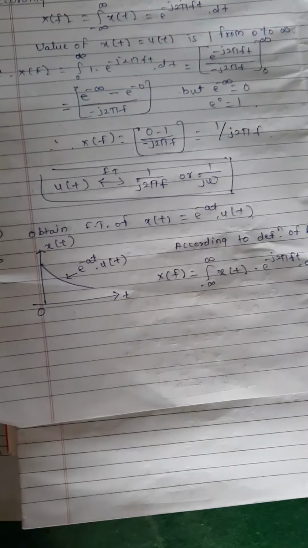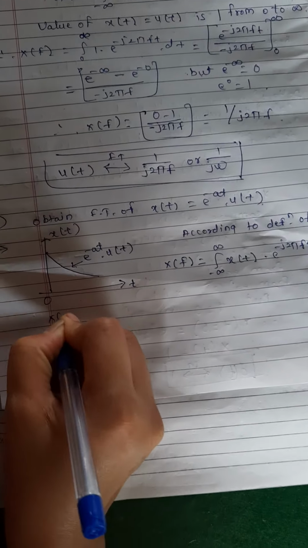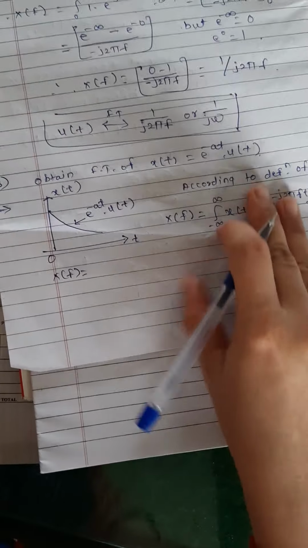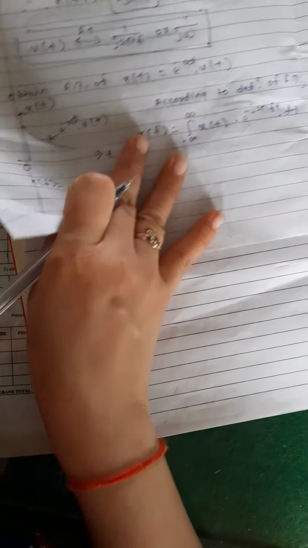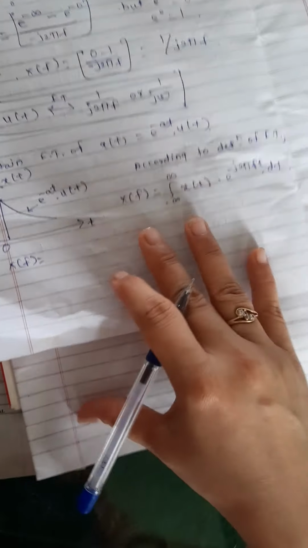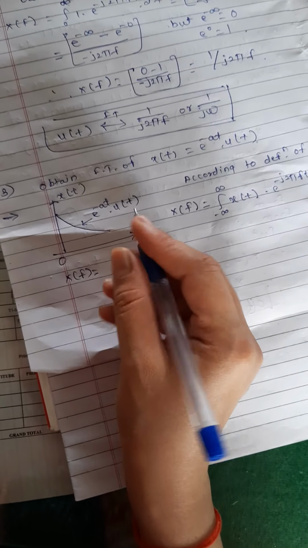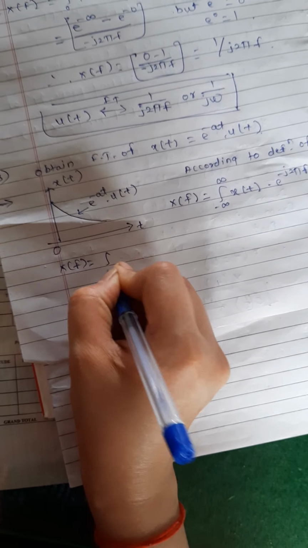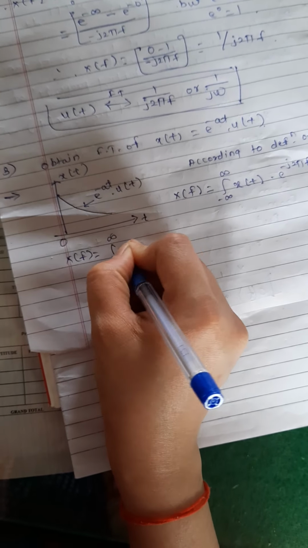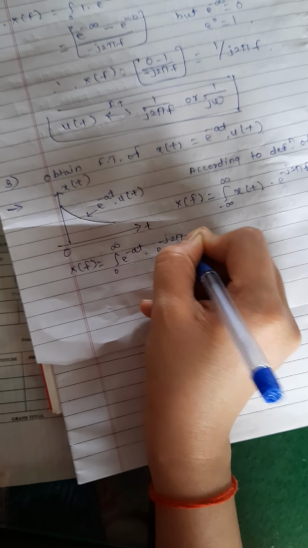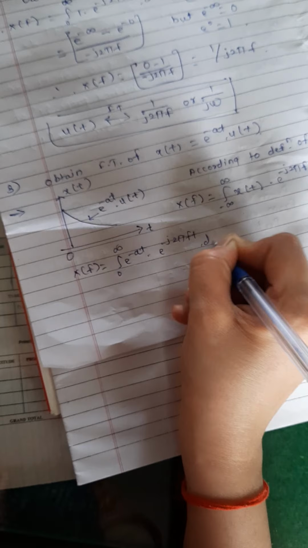So we write the equation X of f is equal to the integral from 0 to infinity of e raised to minus at e raised to minus j 2 pi f t dt.